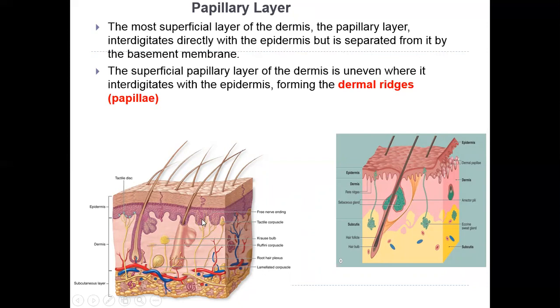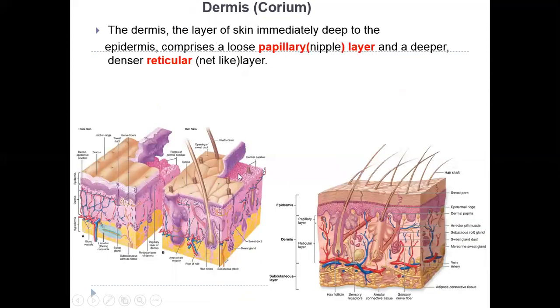The superficial papillary layer is uneven and interdigitates with the epidermis in an uneven way, forming dermal ridges. These unevennesses, these projections of the dermis, are called dermal ridges or dermal papillae. It is clear in this picture: dermal papillae, the projections which are here.